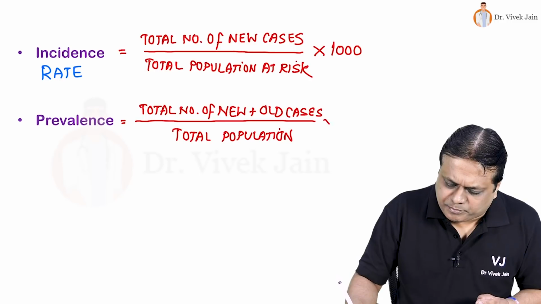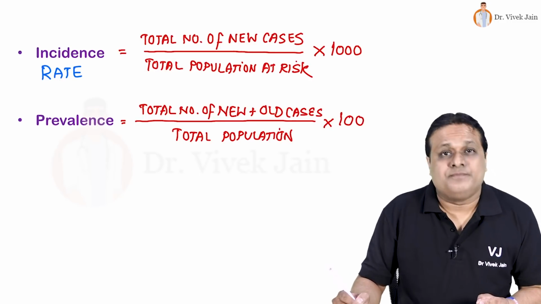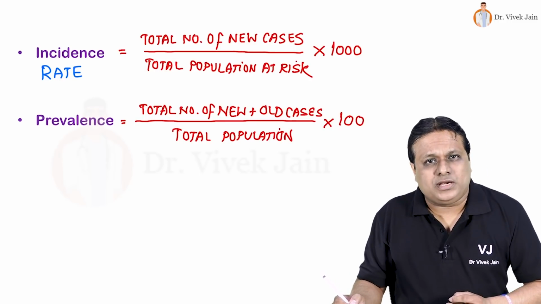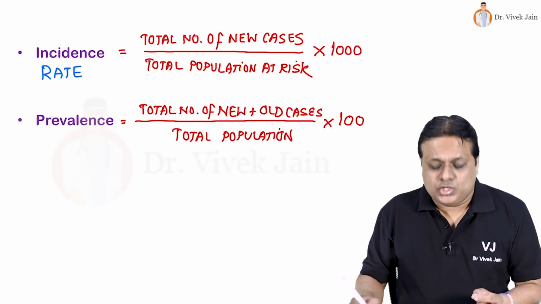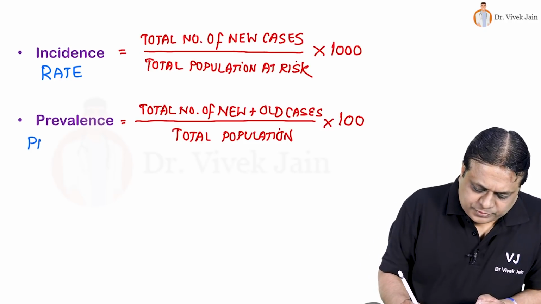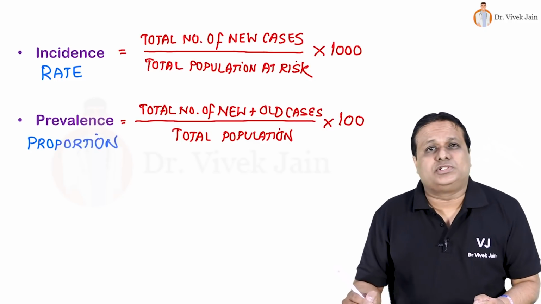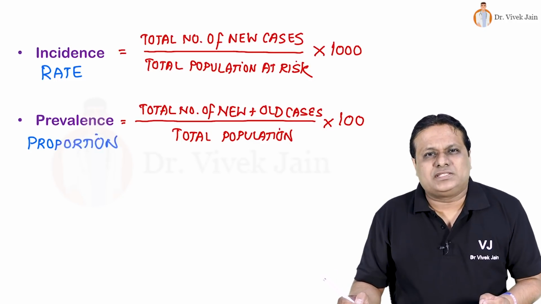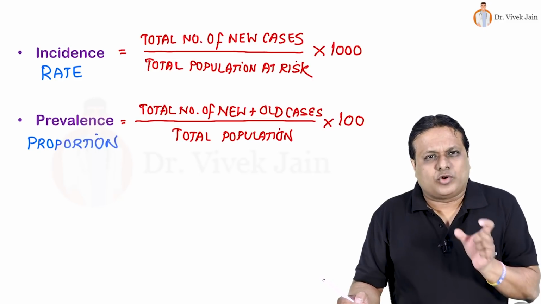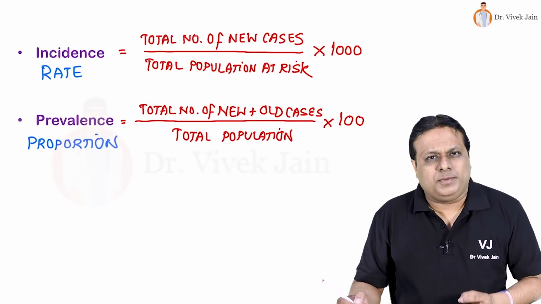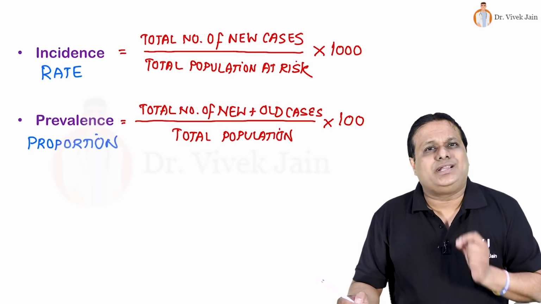Multiplier in prevalence is 100. Numerator is a part of denominator and multiplier is 100. So prevalence is a type of proportion. It may be period prevalence when we look at total new and old cases for a period of time. It may be point prevalence when we see new plus old cases existing on a particular time.